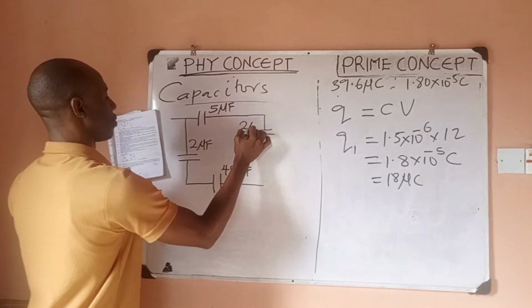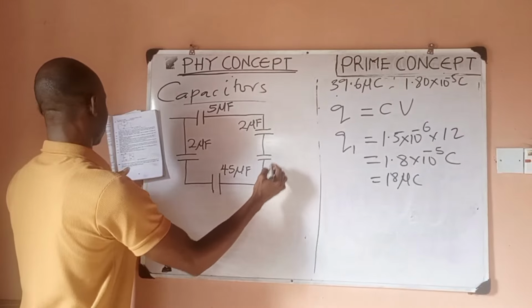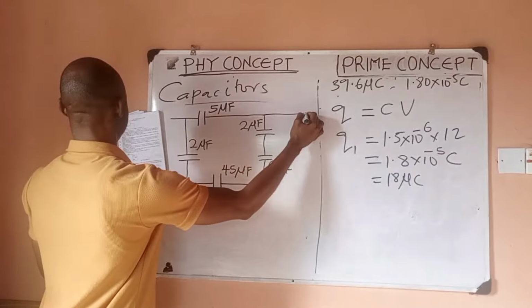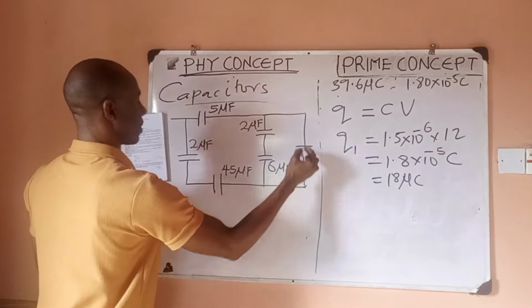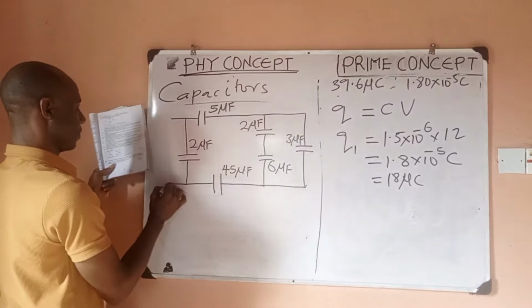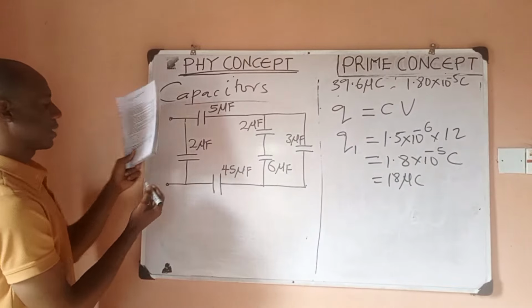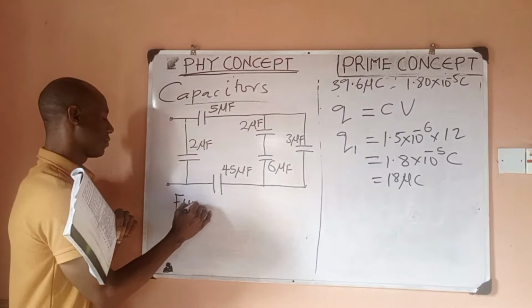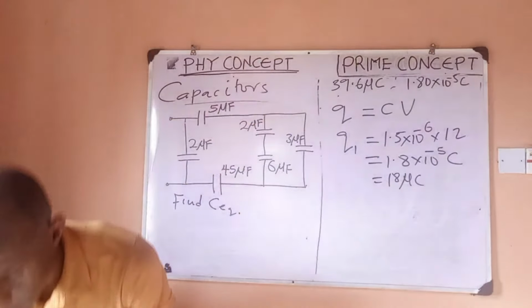This is 2 microfarad. This is 6 microfarad. This is 3 microfarad. I think this is the diagram. The question says find C equivalent.